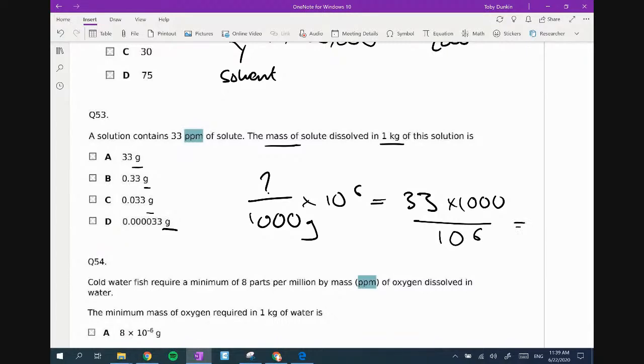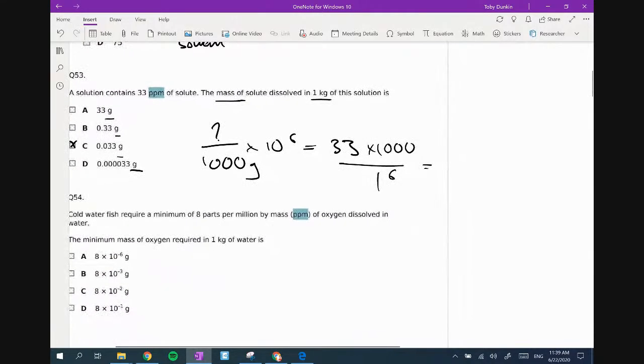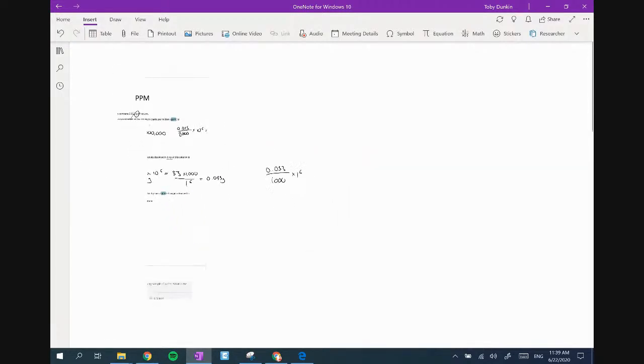To check my answer: 33 times 1,000 divided by 1 exponential 6. It's not 10 exponential 6, it's 1 exponential 6, isn't it? Yeah. Gives me 0.033 grams. Let's check it. 0.033 over 1,000 times 1 to the 6. 0.033 divided by 1,000 times 1 exponential 6 gives me 33, which is exactly what I've got there, which is great.